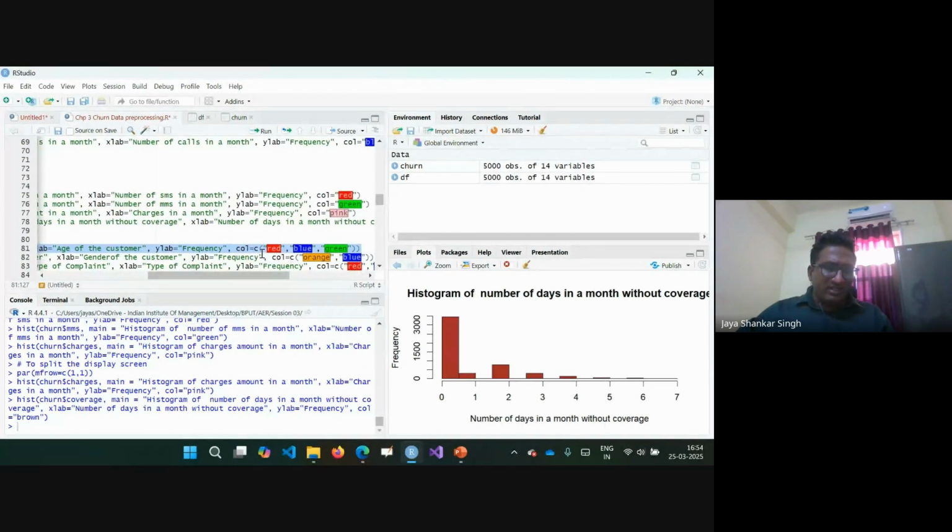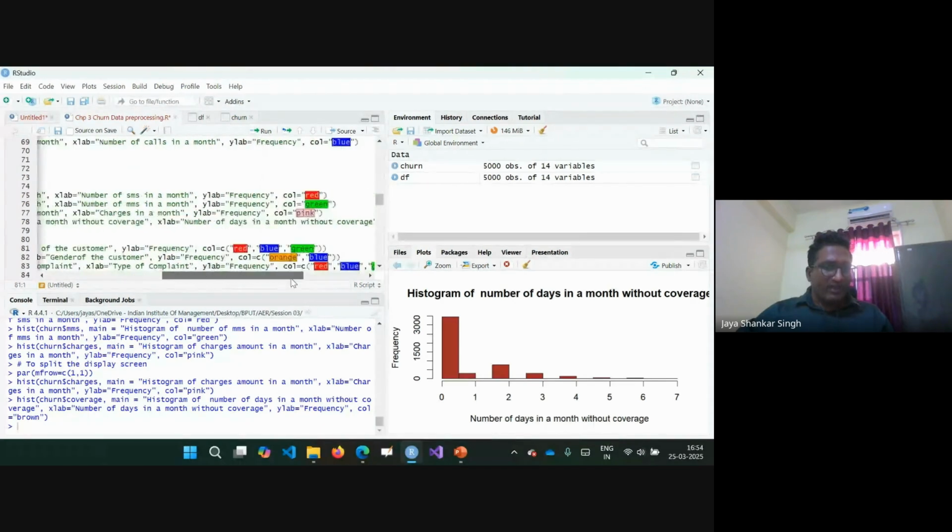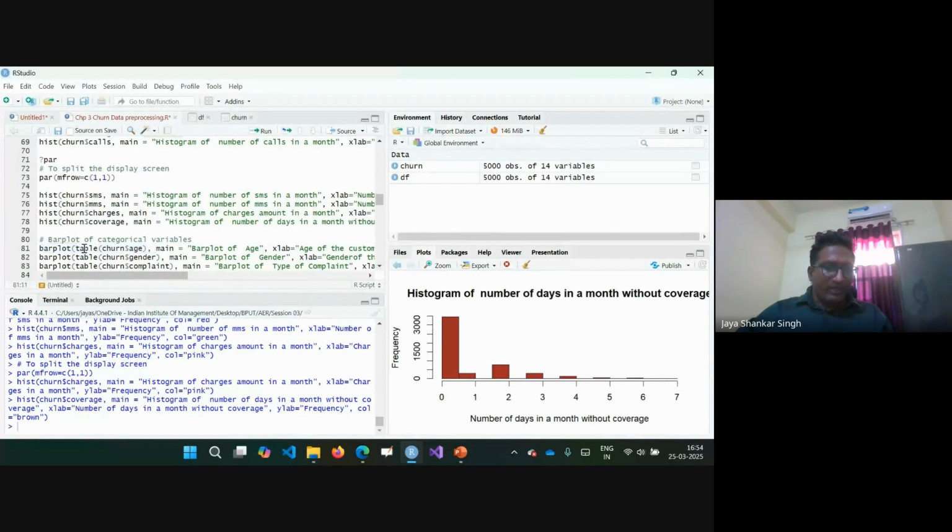These are not necessary, but just to make it complicated, they have given all the color. You can simply do the bar plot using this much data only. Itna data function will work. You need not give any name for the main also or X lab also or Y lab also. The label you are using for X axis or Y axis. Okay.